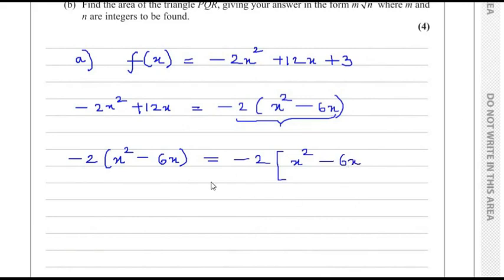Now for completing the square method we have to divide the x term by 2. So whatever coefficient we have with x, we divide it by 2. So we get 3. That is what we are going to add and subtract the square of: the number we just got by dividing by 2. So we get 3, and we add 3 square and we subtract 3 square.